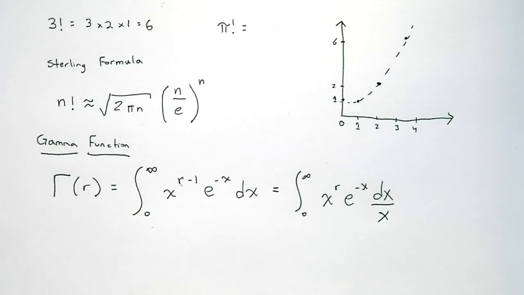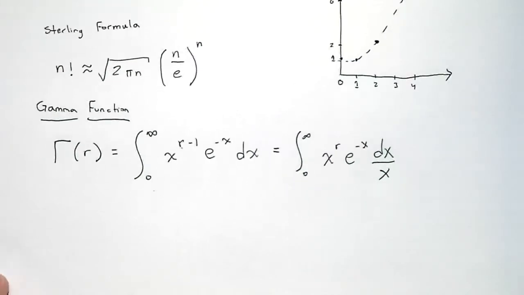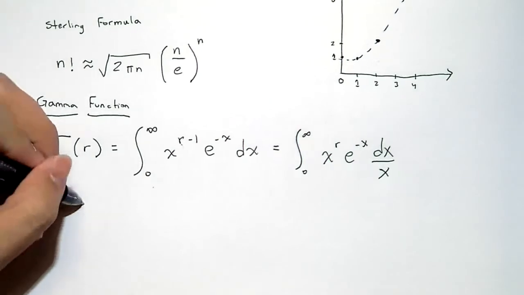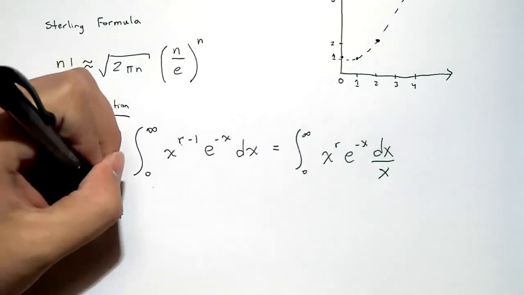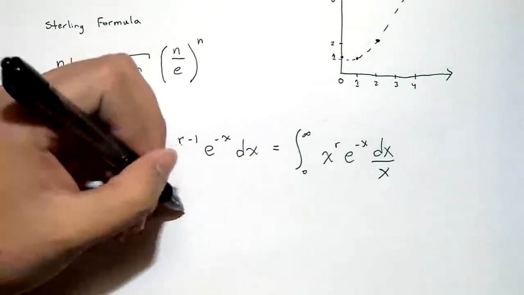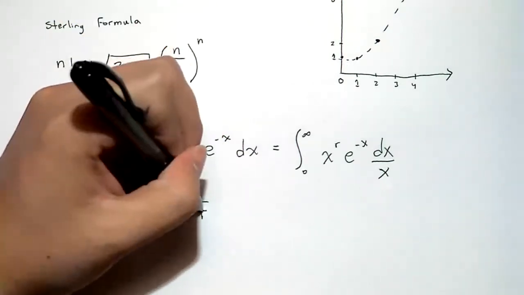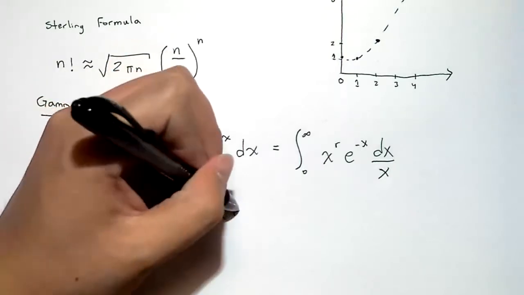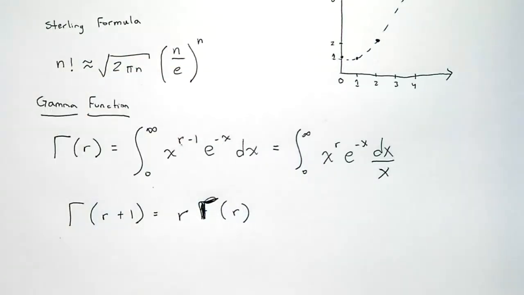And now the question is, well, how does this relate to factorials? Well, you'll find, and you can try this out yourself by plugging in numbers, that gamma of r plus 1 is actually going to be equal to r times gamma of r.